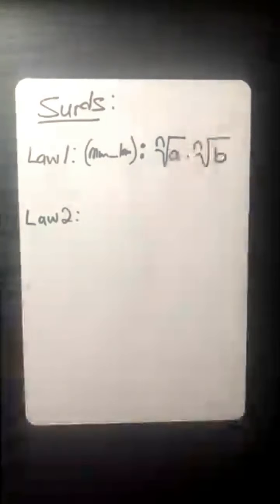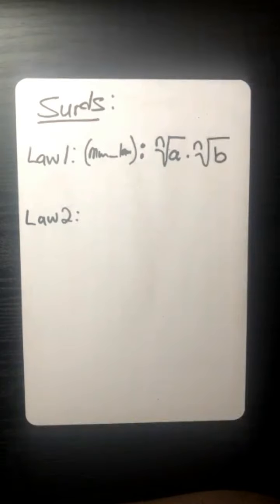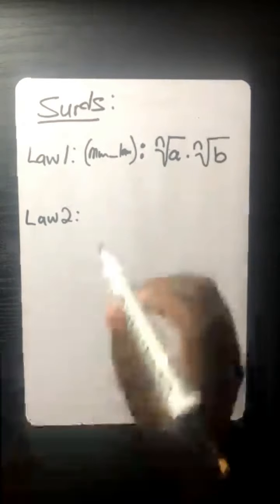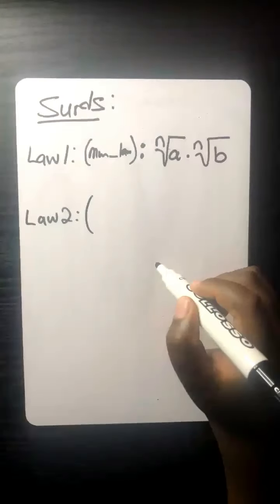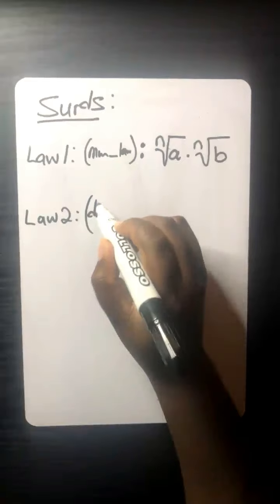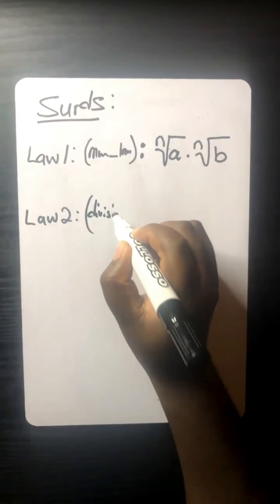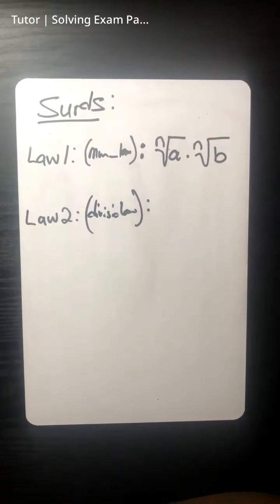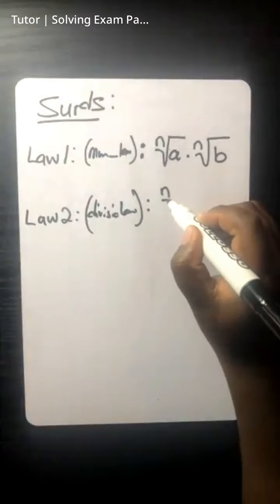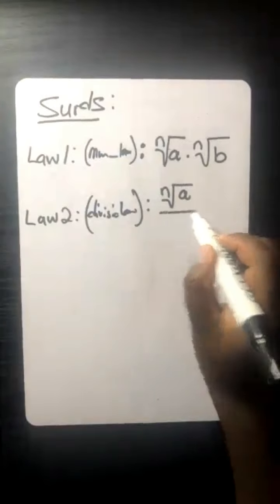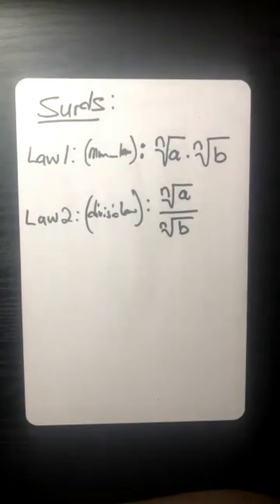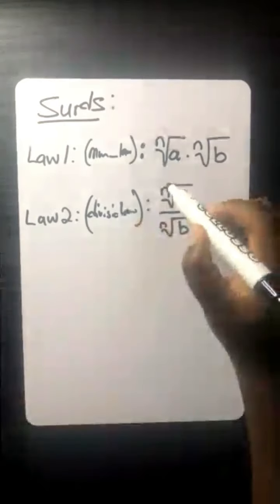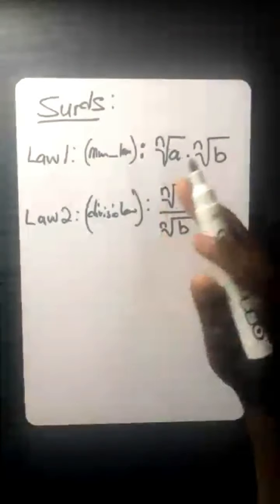I'm going to expand that part shortly. So let's now have a look at the division law. Division law is where we've got the nth root of a divided by the nth root of b. Ladies and gentlemen, remember at all times a letter represents a certain number.